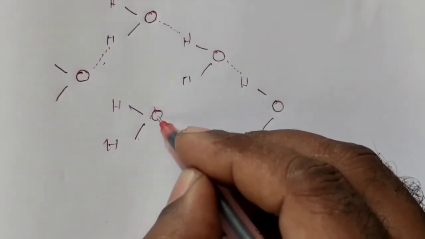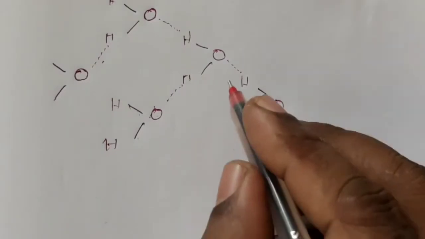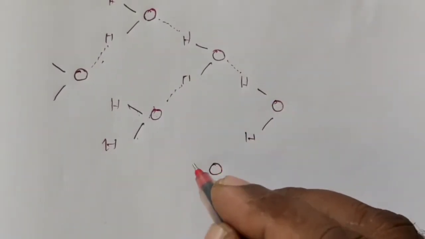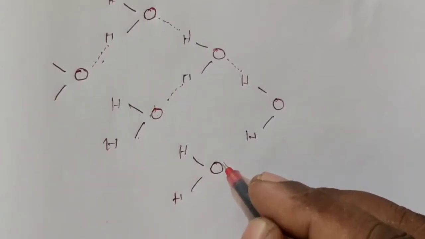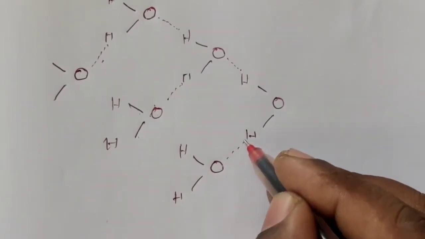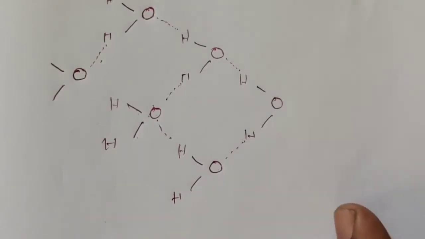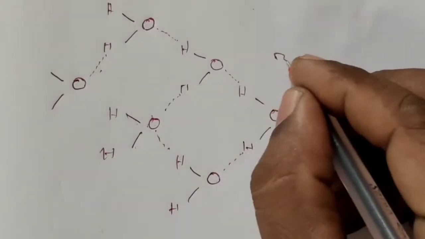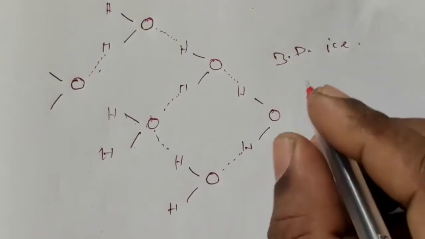This water molecule associates with this water molecule through a hydrogen bond. Another water molecule here, with two covalently bonded hydrogen atoms, associated by hydrogen bonds. Like that you have to draw the three-dimensional structure of ice.